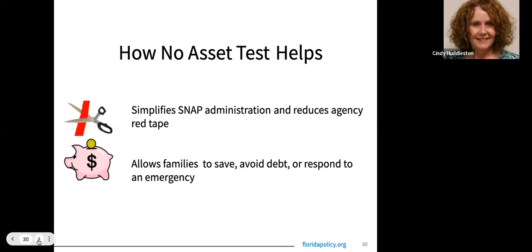If an appliance like a refrigerator breaks down, or they have to replace the spark plugs in their car. But with an asset limit, families who rely on SNAP lose their ability to save enough to take care of emergencies, much less to provide for the future of their children. So not having an asset limit is a huge benefit to families.